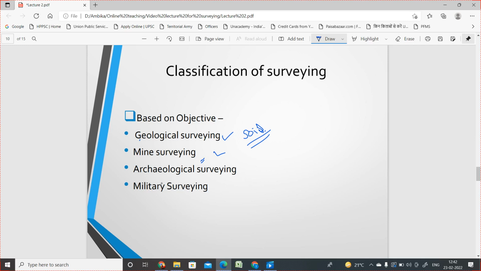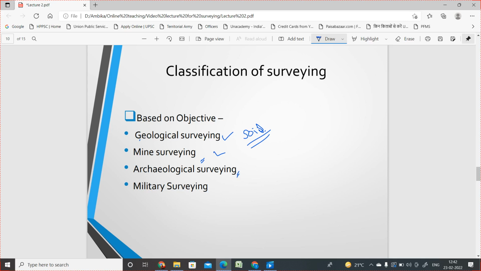Archaeological surveying deals with ancient buildings and ancient things that are present, and we have to identify what the old things are, and we have to do carbon dating and all that. We have to check the age of the object.